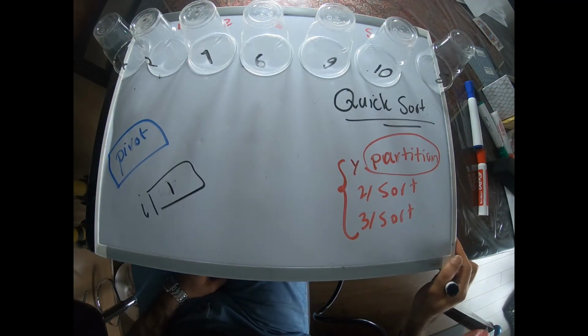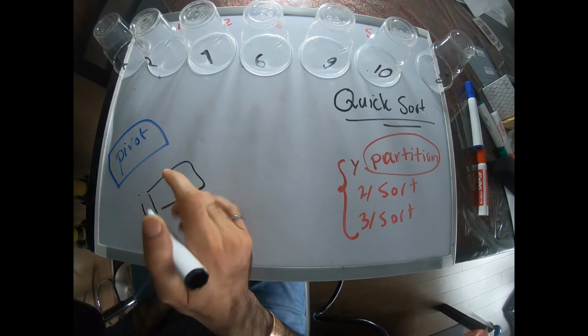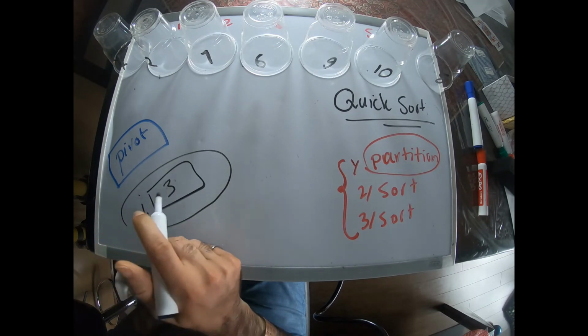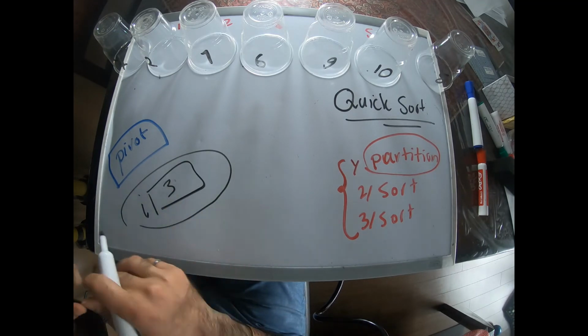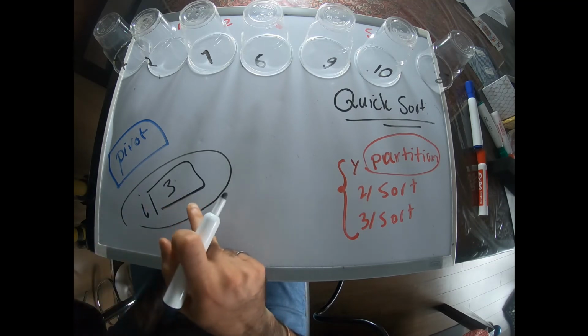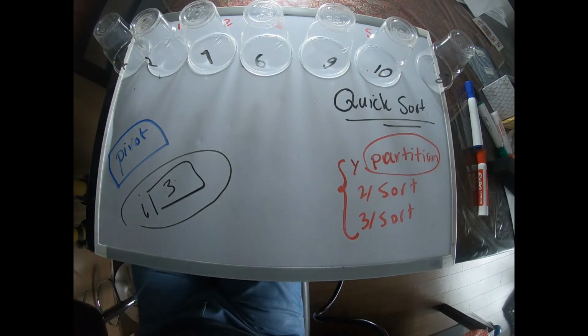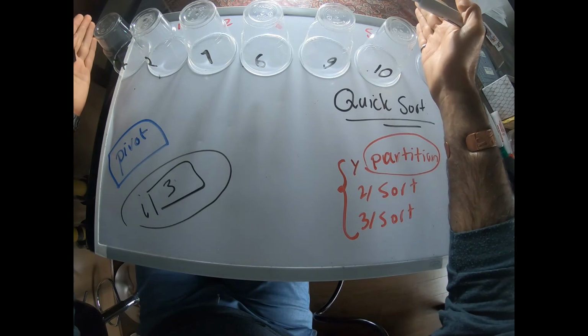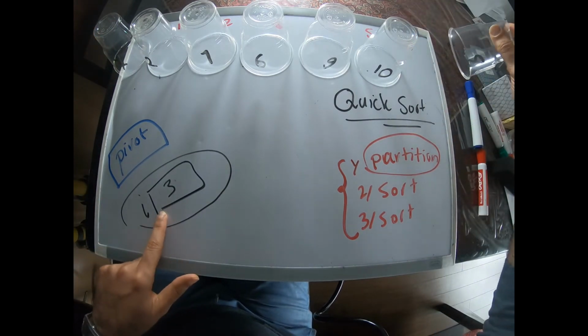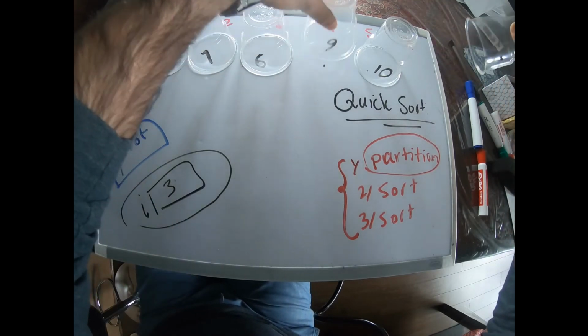Now I forgot to increment this, so this is what we end up with. Actually, you can start with 0 or you can start with -1. Then once you finish all the way up to the pivot, you swap the pivot with i plus 1, which is going to be this number.